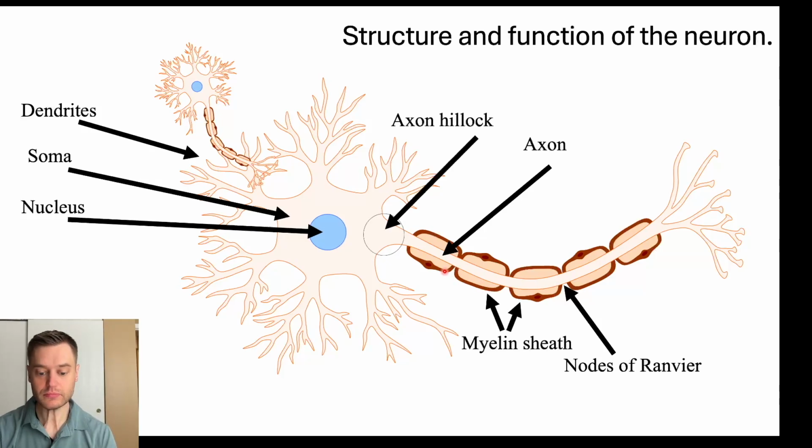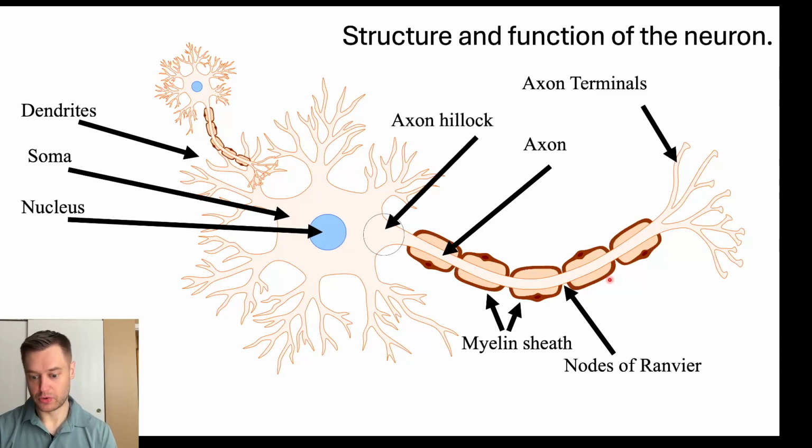But you just need to know that the nodes of Ranvier increase, again, the speed and the strength of the electrical signaling that is taking place throughout the axon.